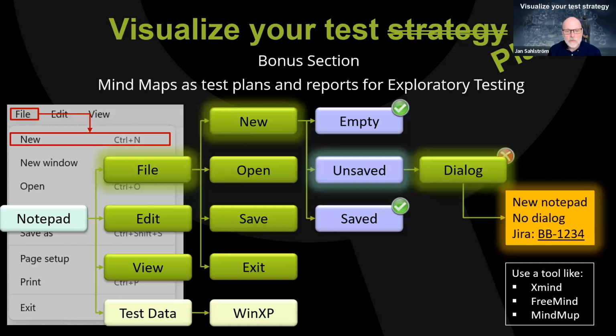It's a fast way to do it. It saves loads of documentation, and I can revisit it, reuse it, or just throw it away when I have used it. It's a fast way to report, and people know what has been tested and what has not. So this is a tip: start using mind maps when you do your actual testing.